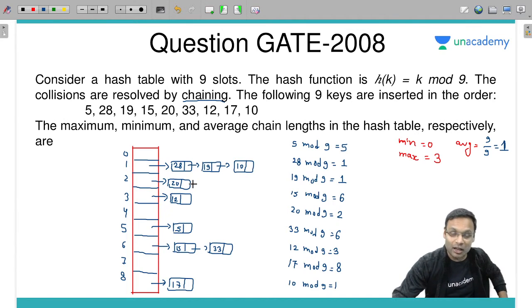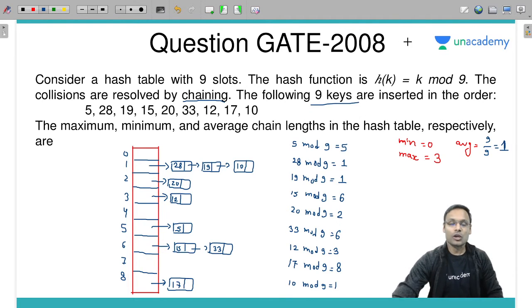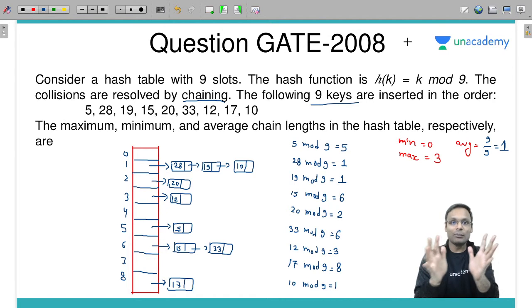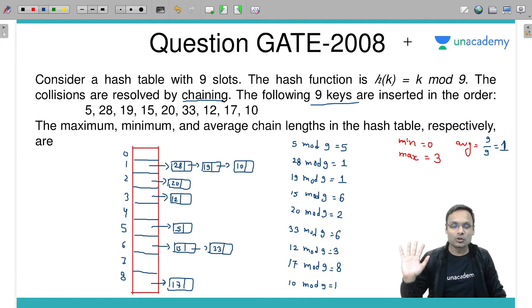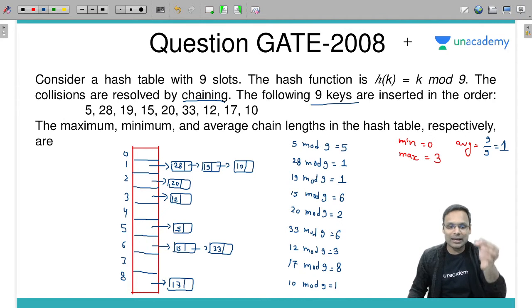Chain length 1 here because 1 element is inserted. Total how many elements have you inserted? Given in the question, 9 keys inserted. So these 9 keys will be distributed on some of the slots in terms of chains. So what will be the total chain length? Answer is 9. So average chain length is 9 divided by 9, 1.